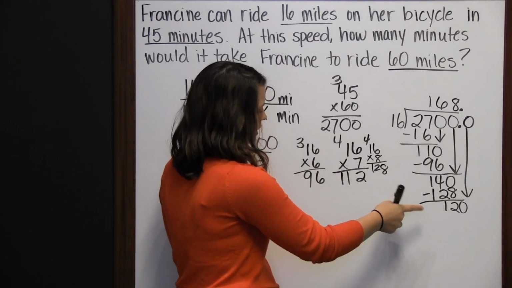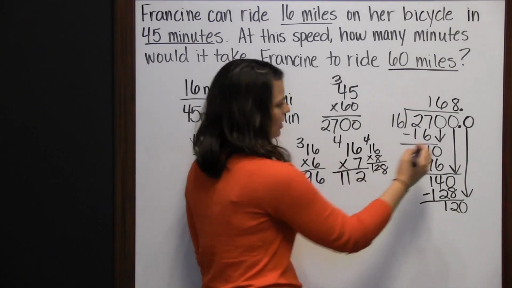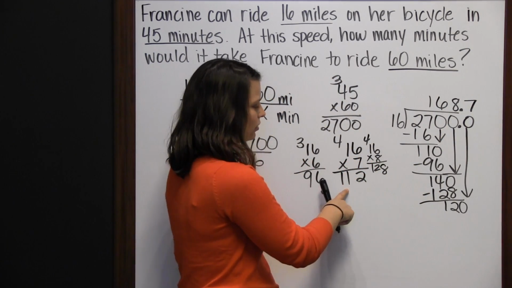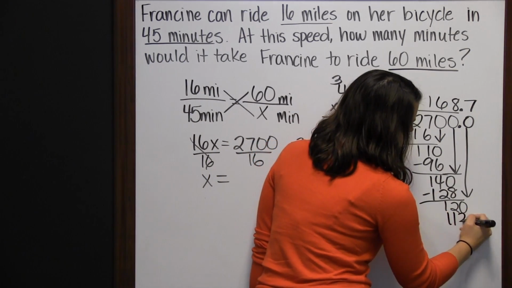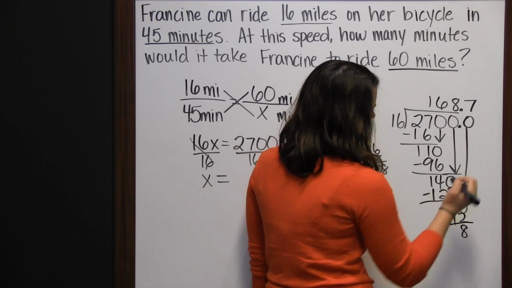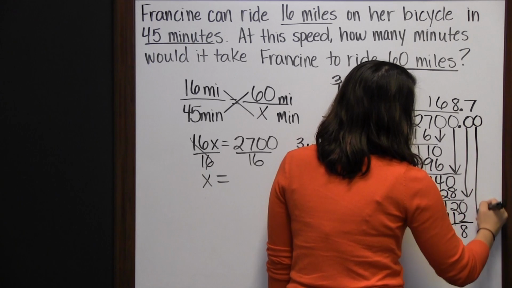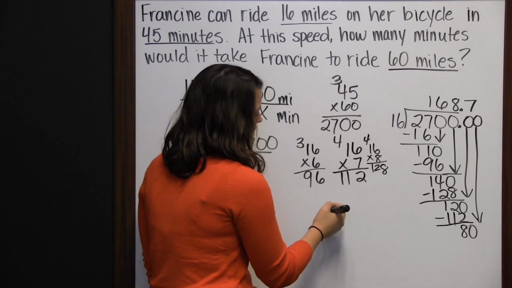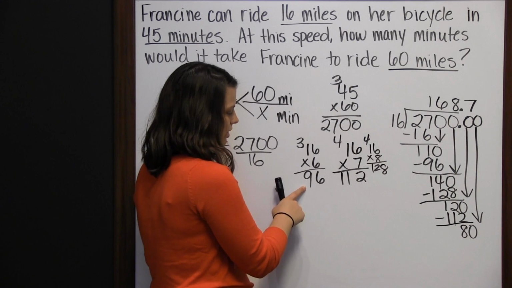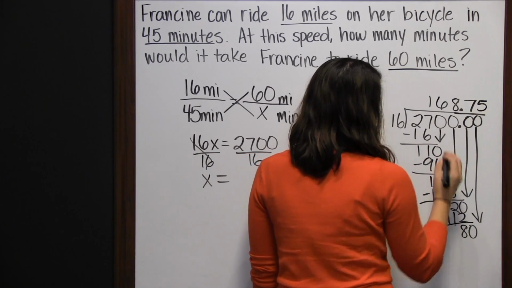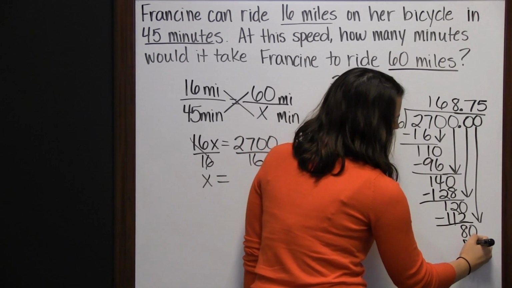16 goes into 120 7 times. 16 times 7 we found earlier is 112. So we subtract and we get 8. We add another 0 and bring it down. And 16 goes into 80 less than 6 times, and actually exactly 5 times. 16 times 5 is 80.